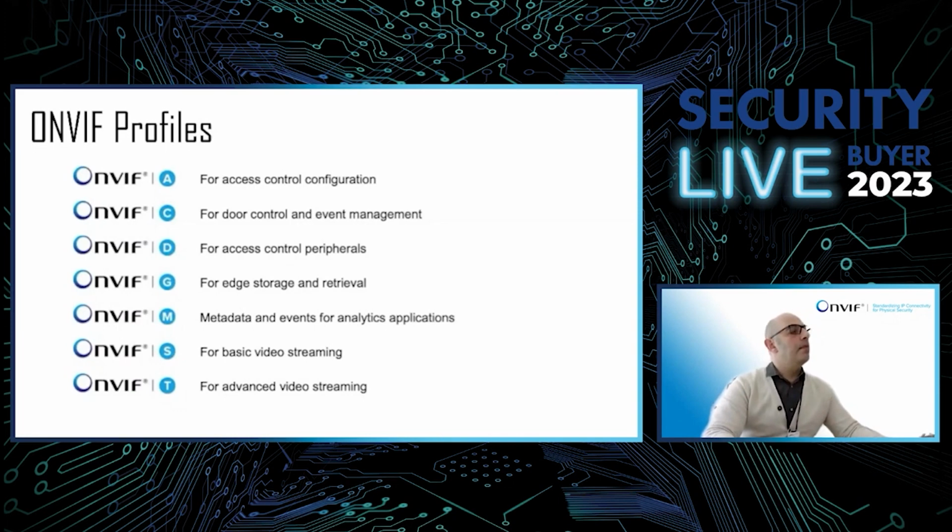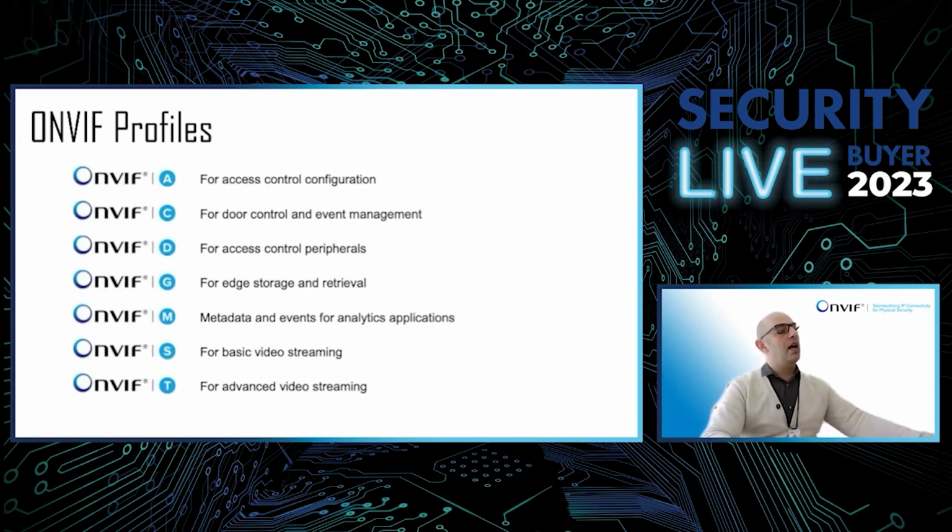Okay, now let's talk about other profiles that we have in ONVIF. Since 2008, ONVIF has released a number of profiles, both for access control and video. The two most recent profiles that we released 2 years ago are Profile D for access control peripherals and Profile M, which I briefly covered during today's presentation.